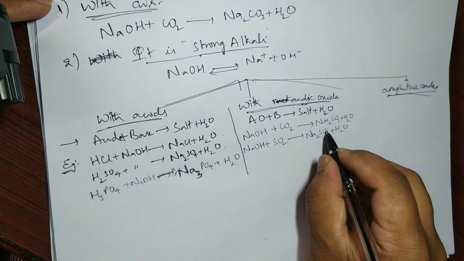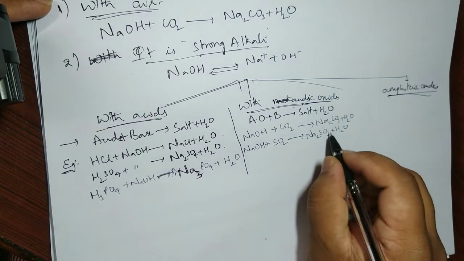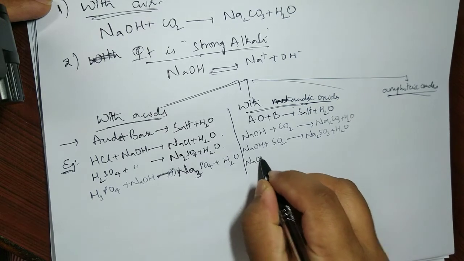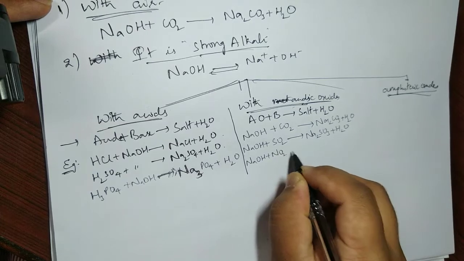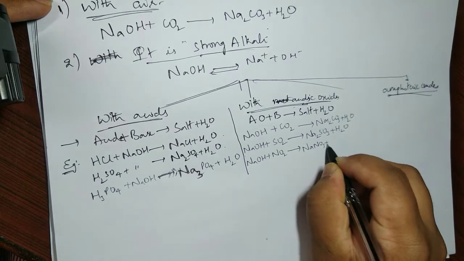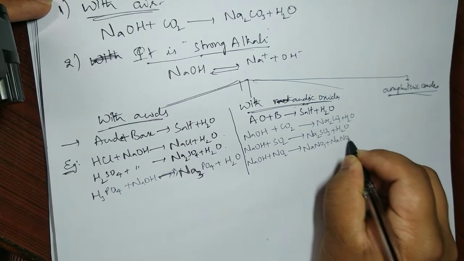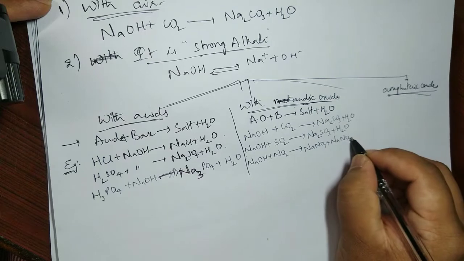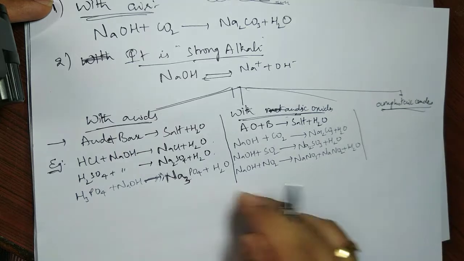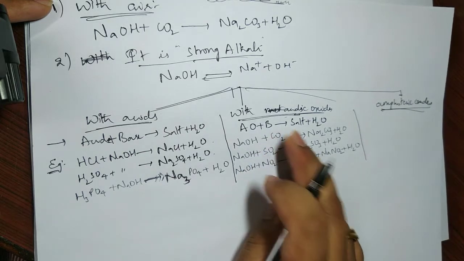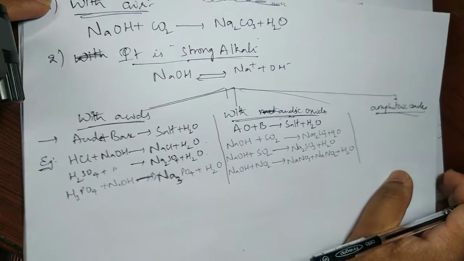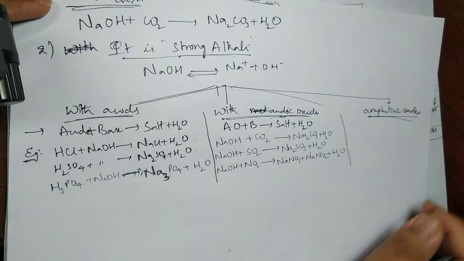Mind it, here it is not sodium sulfate, it is sodium sulfite. Then if I treat it with nitrogen dioxide NO2, it forms both sodium nitrite and sodium nitrate plus water. So on and on. These are the reactions that you can see. Basically carbon dioxide, sulfur dioxide, nitrogen dioxide are all acidic oxides.